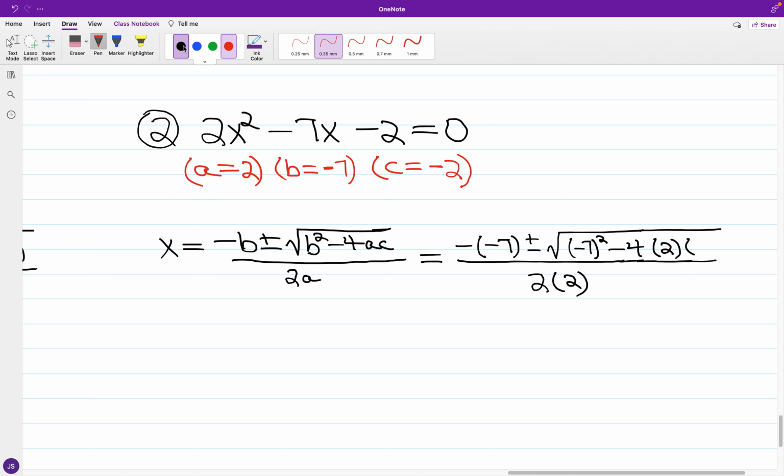Just substituting, negative b, you have the negative of negative 7. 2a is still 2 times 2. b squared would have the square of negative 7. Now for the minus 4ac part, we got minus 4 times 2 times negative 2.